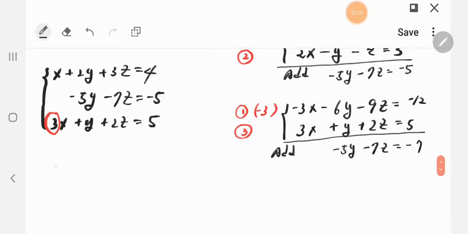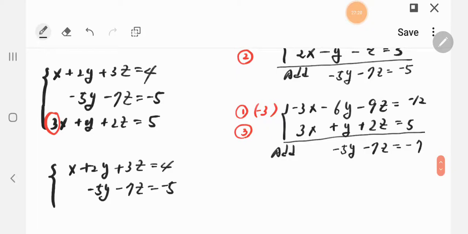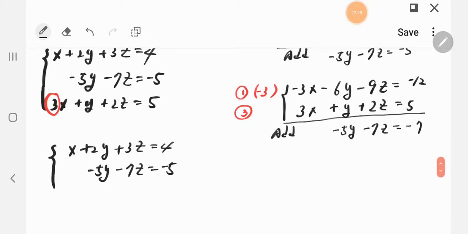Okay, so the first equation is unchanged. x plus 2y plus 3z is equal to 4. Negative 5y minus 7z is equal to negative 5. And the third equation will be replaced by our current result. Negative 5y minus 7z is equal to negative 7.